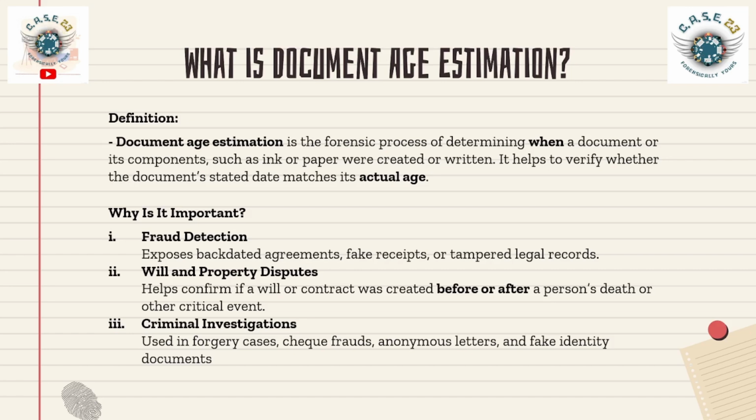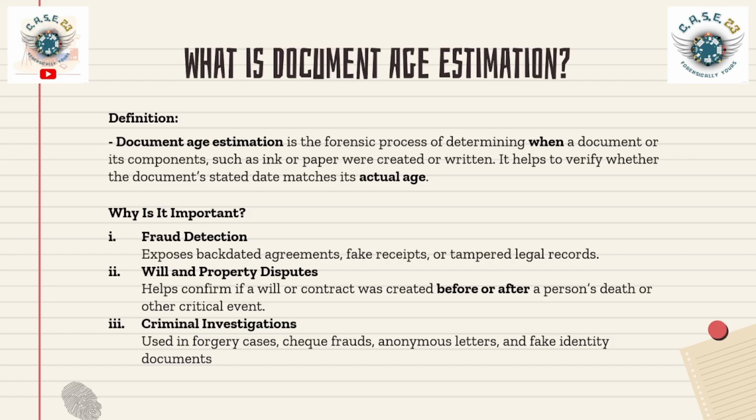Why is this method so important? Now this method can reveal different frauds and crimes. So the first point is fraud detection. This examination can help detect fraud. It helps catch fake or backdated documents like fake receipts, agreements, or tampered legal records. The next is will and property disputes.